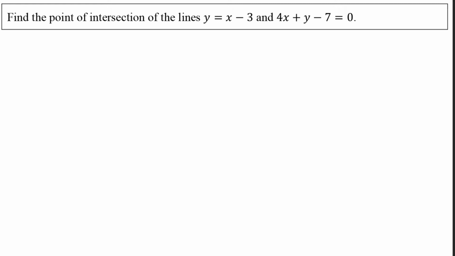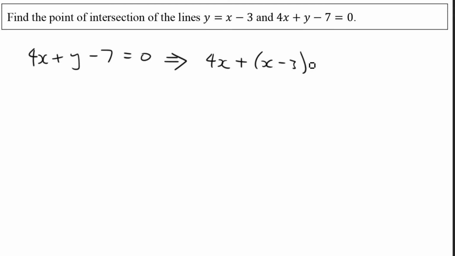However, in this case, the easiest thing to do is to take the equation of the second line, 4x plus y minus 7 is 0. Because we know the equation of the first line is y equals x minus 3, everywhere we see a y here, we should just write x minus 3. So this is going to be quite a straightforward thing to solve.